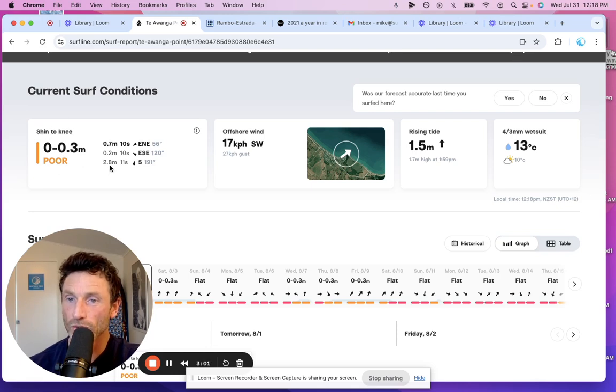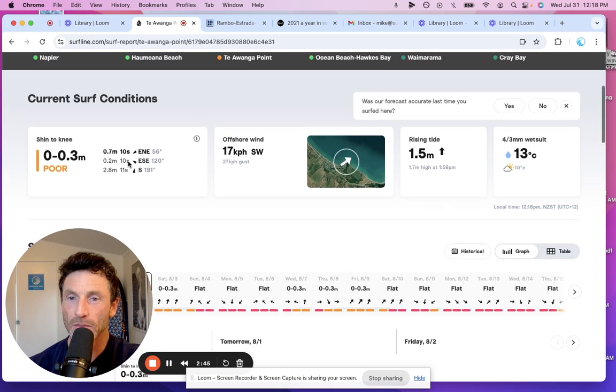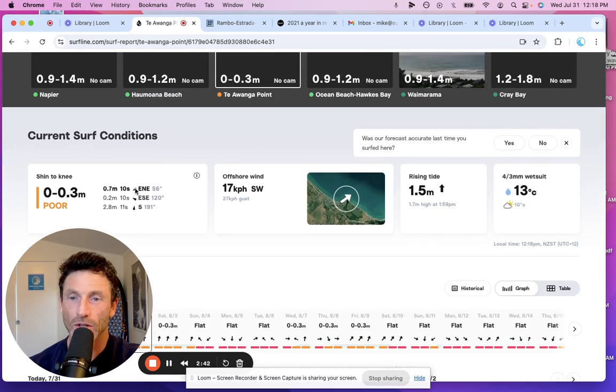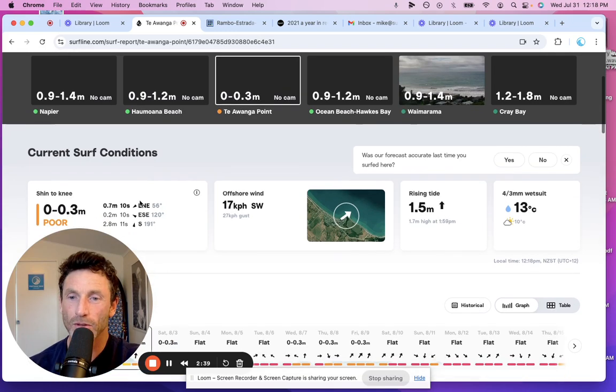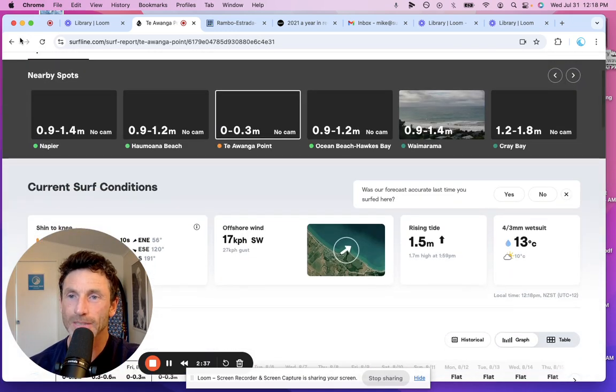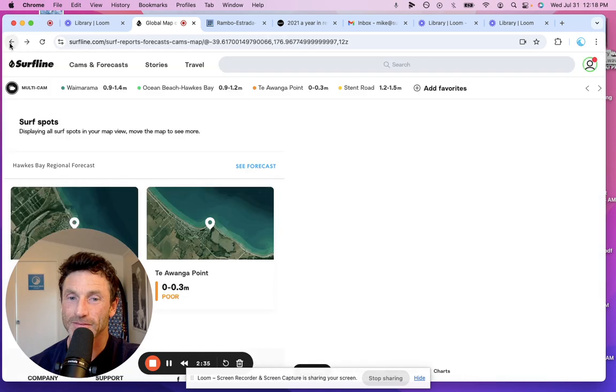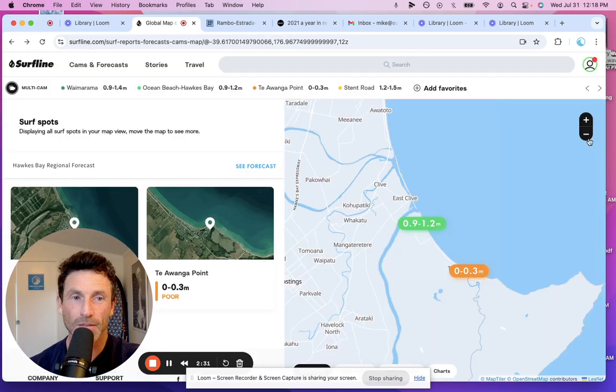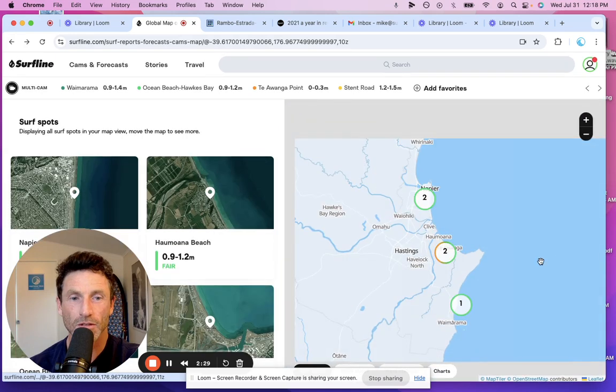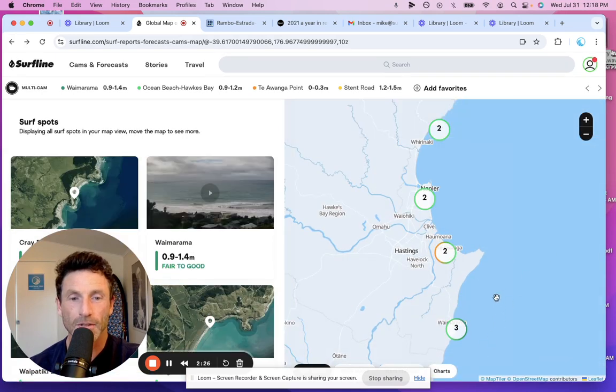However, it's also saying that there is a 2.8 meter southerly swell in the water and a 0.7 meter easterly or northeast-east swell in the water, both at around 10-11 seconds. So I know that both of those swells will actually be getting in there. What happens is these south swells, as long as they don't have too much west in them and they have enough period in them, will actually wrap around here.